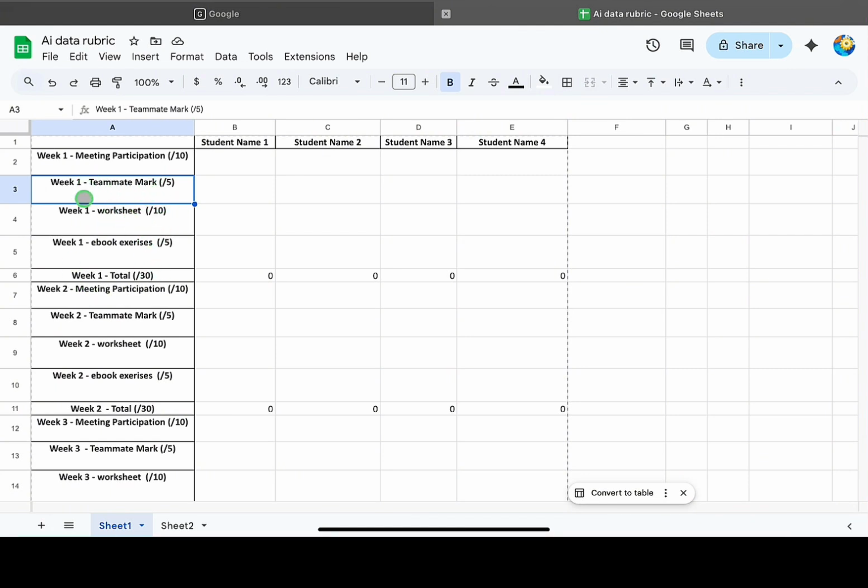Then we're going to have a score for the worksheet. I'll give a worksheet for every week, and this is what we will revise during the live meeting. You're supposed to work on it in your groups or by yourself, whatever, but the marks will be allocated individually, right?